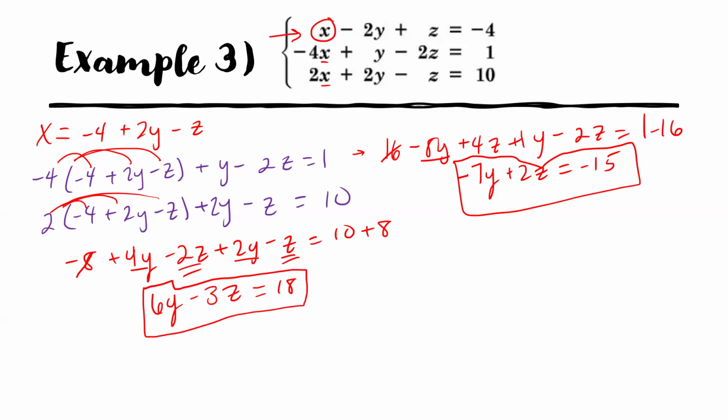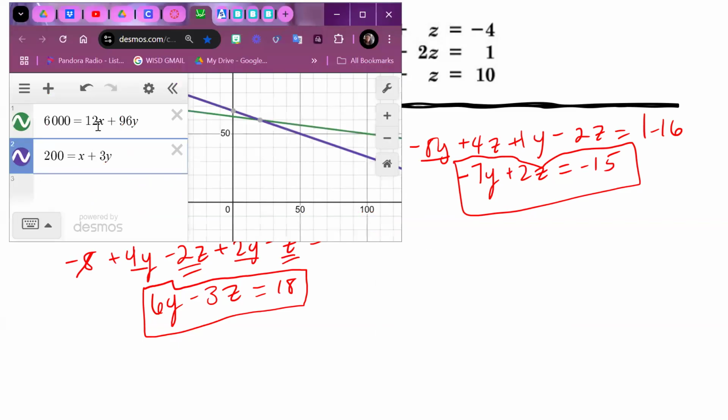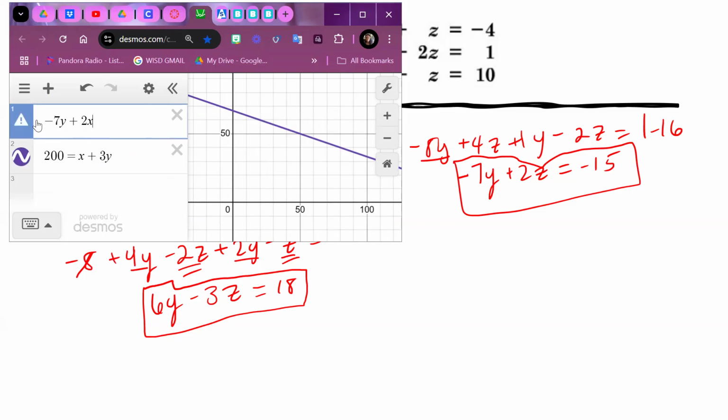Okay, so I'm down to my two friendly equations. And again, I've got to remember that when I go to the calculator, I can't put what in? Z. If I put Z in, it's going to tell me, you want a slider? No, I don't want a slider. So I have negative 7y plus 2z equals negative 15.